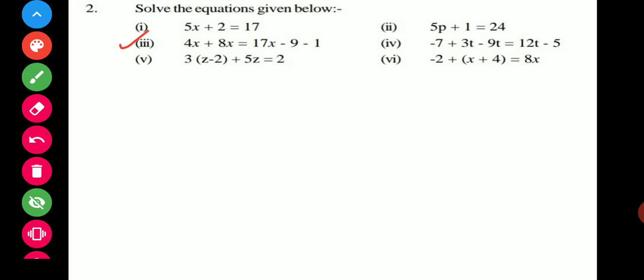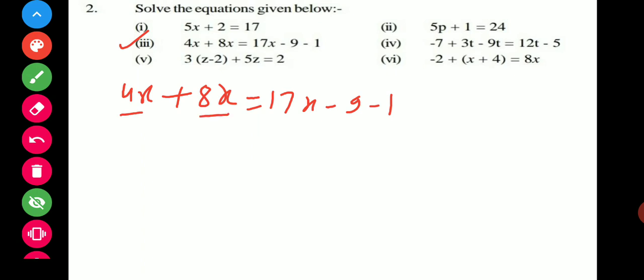Come to the third question. In the third, there is 4x plus 8x is equal to 17x minus 9 minus 1. Now transfer the like terms to the same side. So it is 4x and 8x, that is 12x. 17x is transferred to the left hand side, it becomes minus 17 of x.